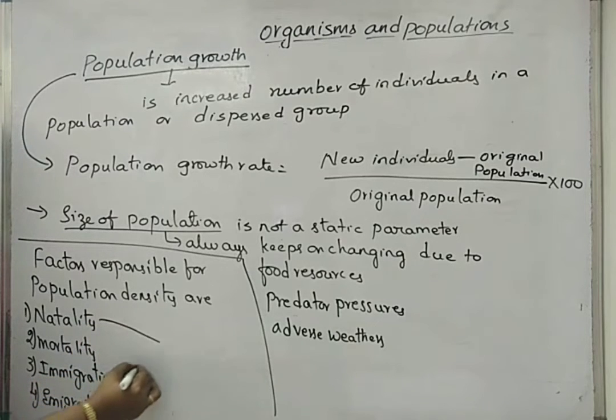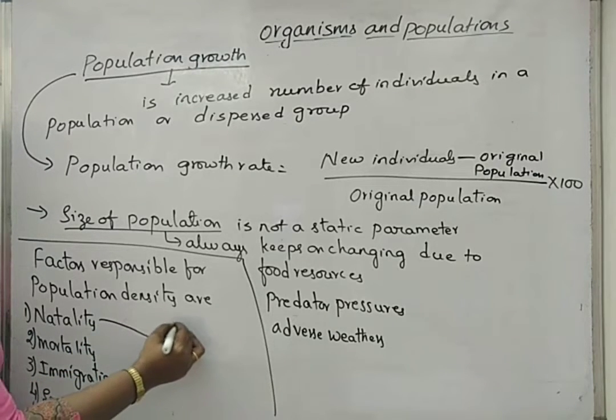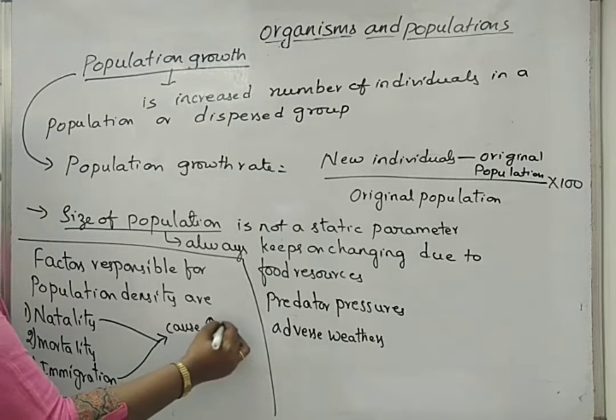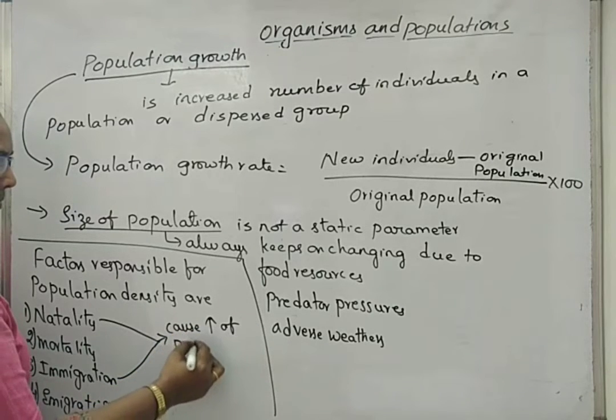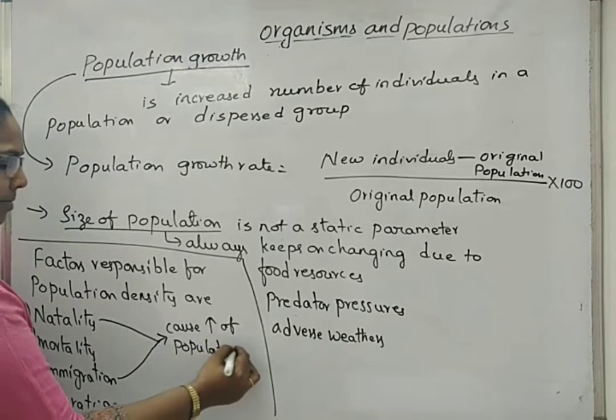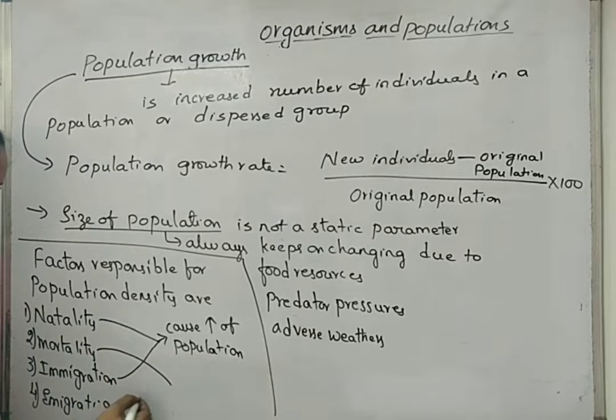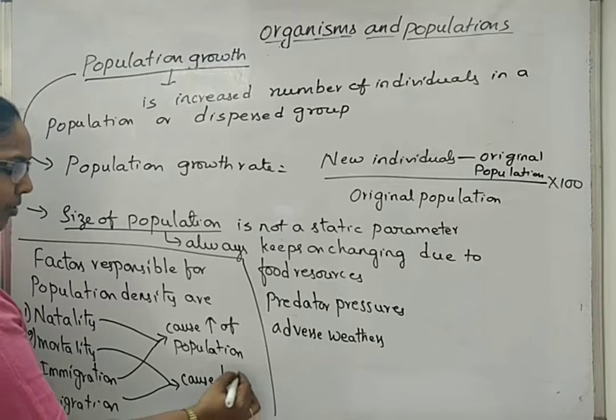Natality and immigration both cause increase of population. Mortality and emigration both cause decrease of population.